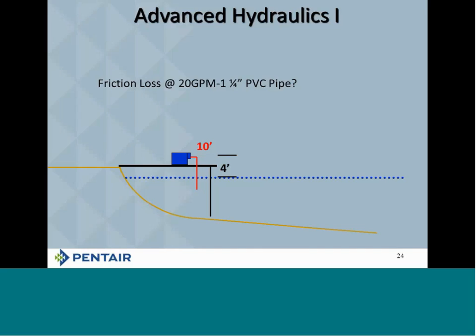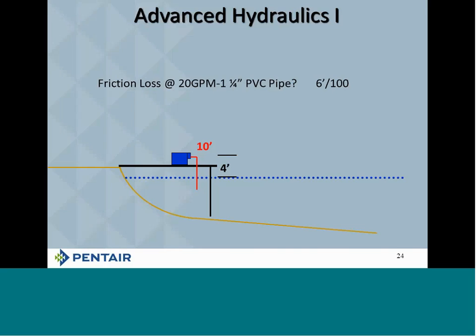So if we look in our dealer catalog, towards the back of the book, we're going to find that the answer is 6 feet per 100. So if you try to put 20 gallons a minute through 1.25 PVC, you're going to lose 6 feet per 100.